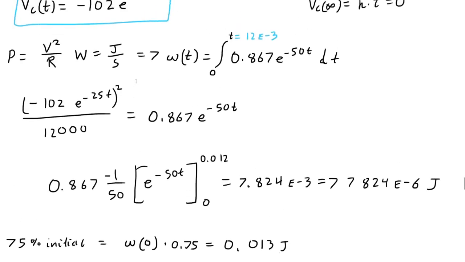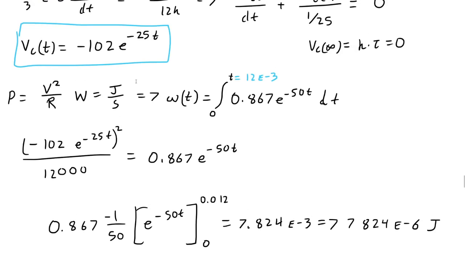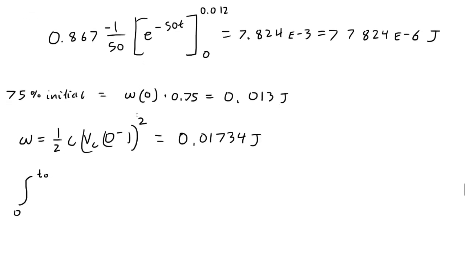Okay, so now we're going to work kind of in reverse. We already have an expression for the work. So if we integrate and then find the anti-log, we should be able to find the answer. So I'm going to have 0.867 e to the minus 50t dt equal to 0.013 joules, where the upper limit is what we're looking for.